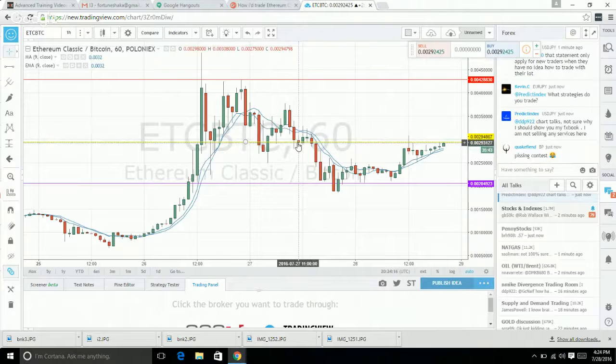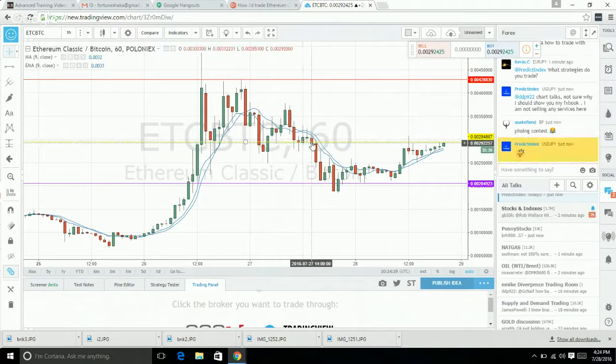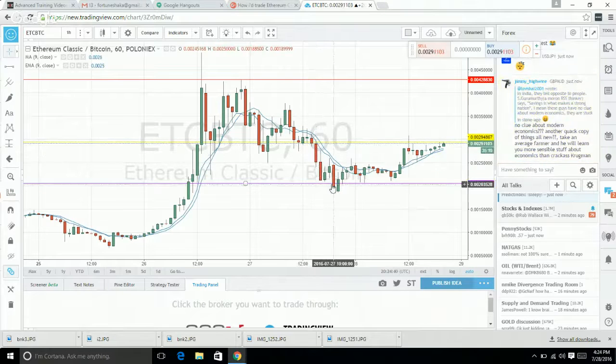You see that doji candle right there. Another doji. When you see these dojis around your support lines, look at the next candle, and a lot of the times you can get a signal and pick your direction.